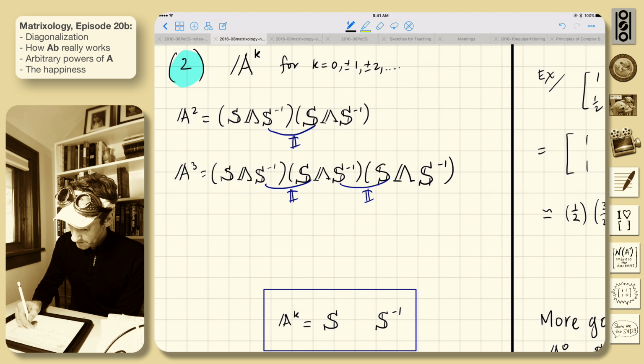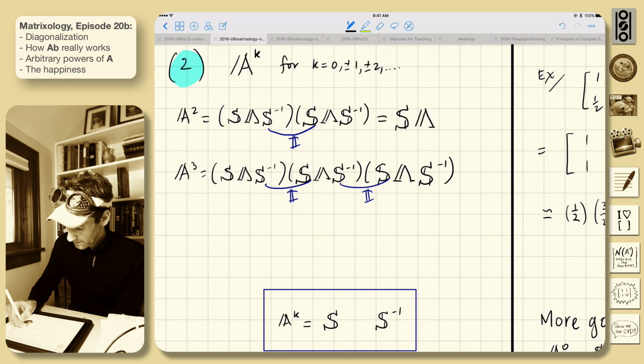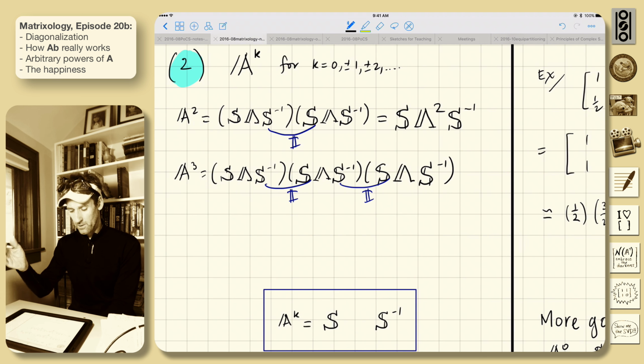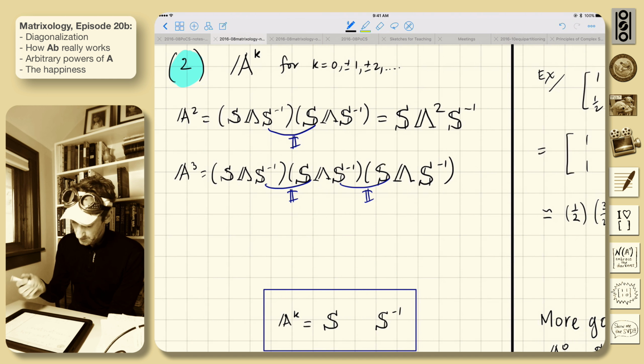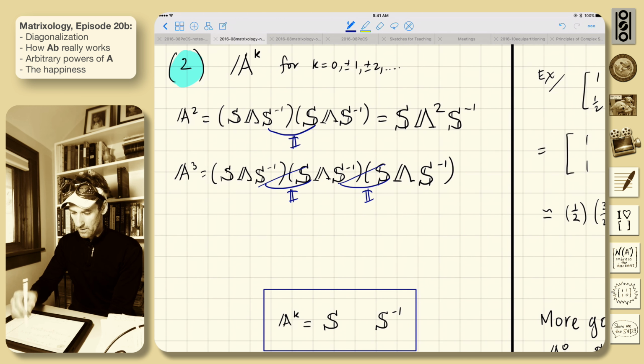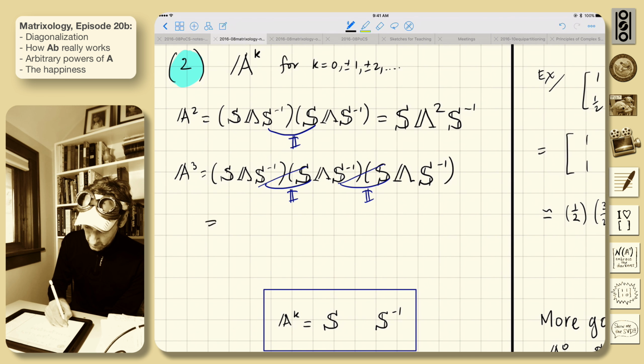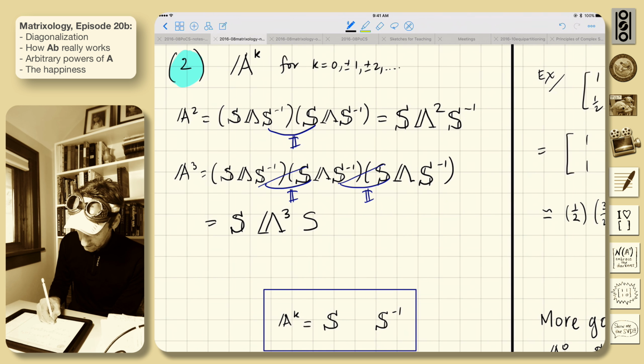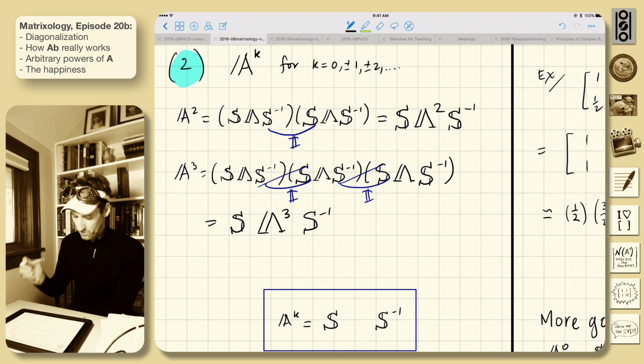So the whole thing is equal to, in this case, S lambda squared S minus 1. That is fantastic. Super easy to do. And the same thing happens here, these parts collapse. Essentially they just get absorbed and we get the same kind of story. So this will be, again, S and then lambda cubed S minus 1. This is pretty fantastic.